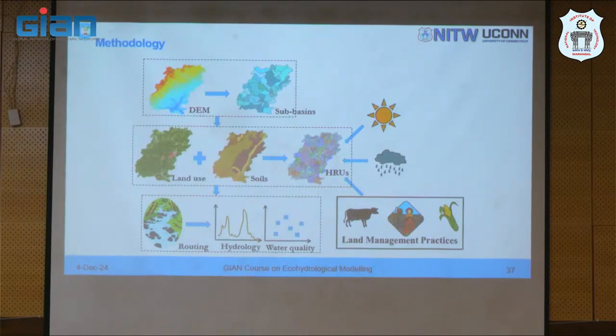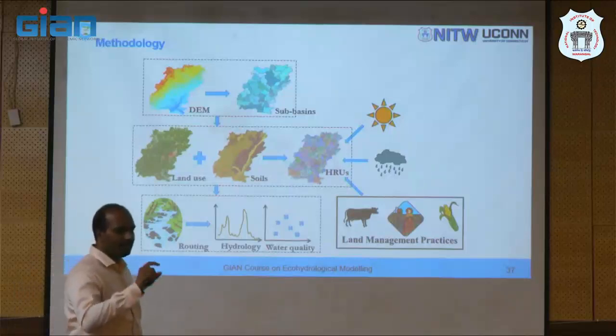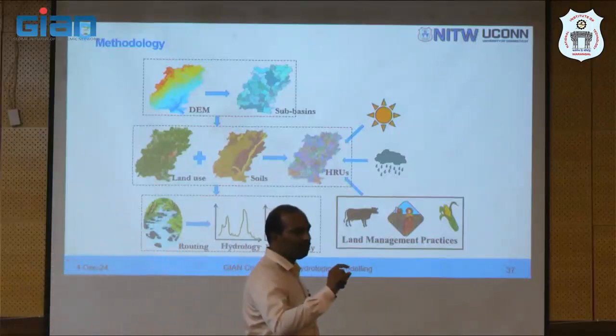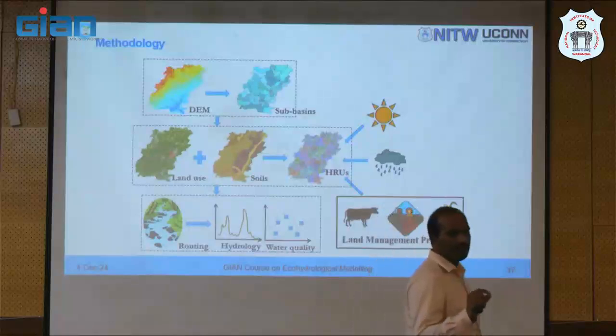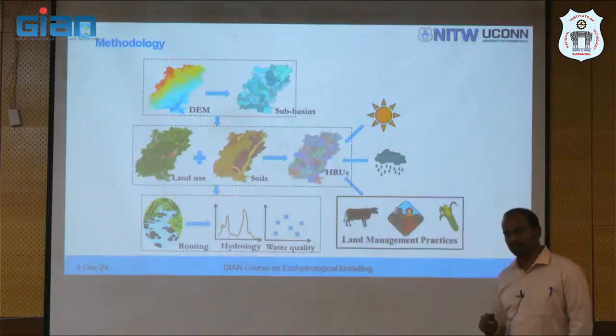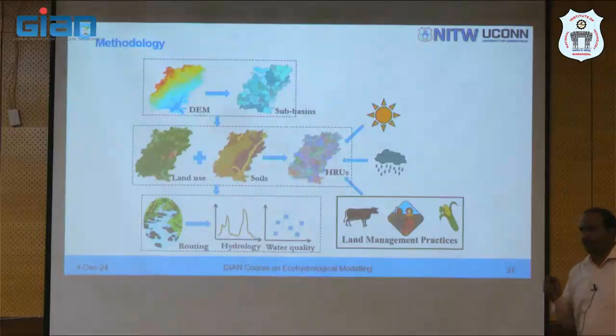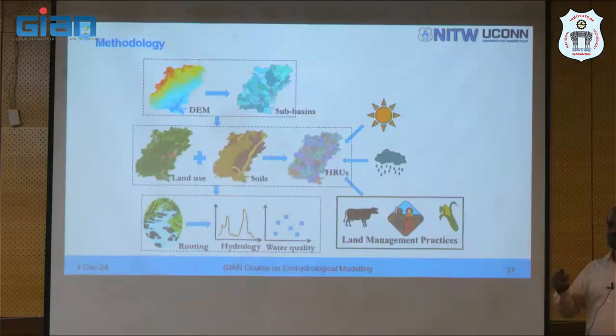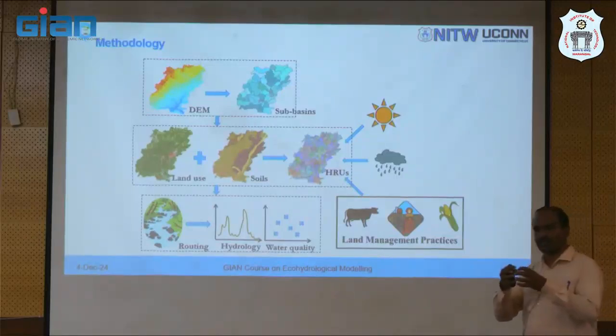This happens within a subbasin. Within a subbasin, you have all raster files which are pixels. The pixels which are overlaying one another, those unique combinations of land use, soil and slope create one HRU. Now, up to that point it is fine. Now, what SWAT does, to reduce the computational effort, is remove the interaction between the pixels.